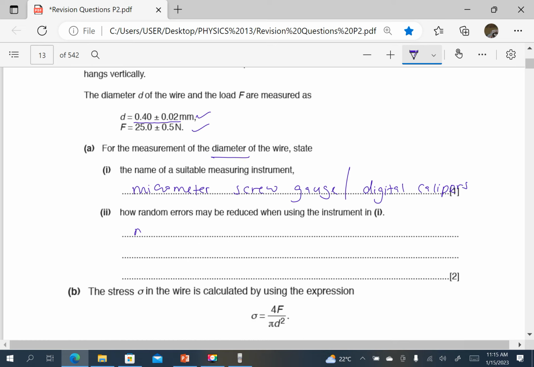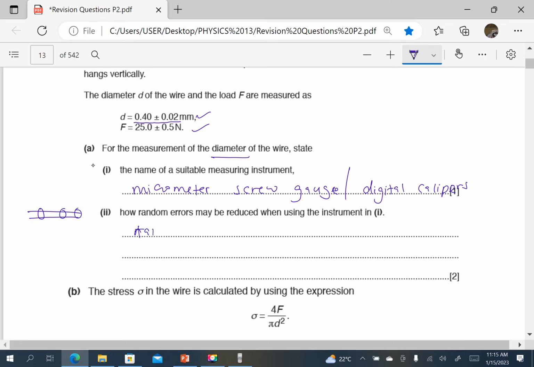How may random errors be reduced when using the instrument? Of course, when we use a micrometer screw gauge or digital calipers around the instrument, we just take several measurements around different points and obtain the average.